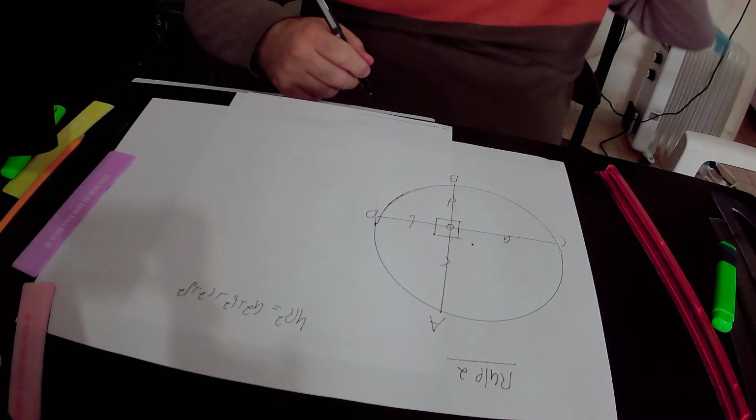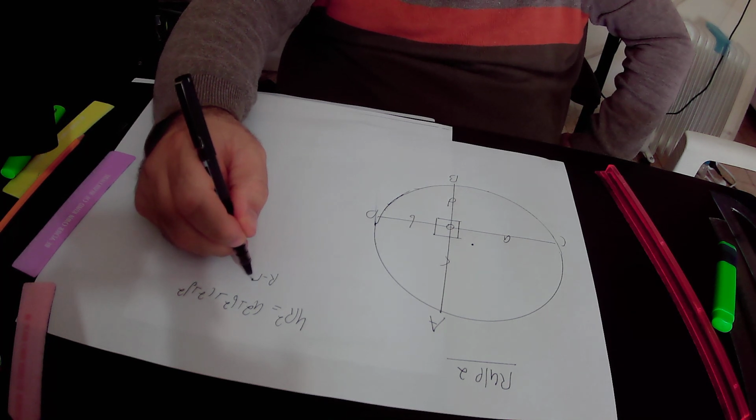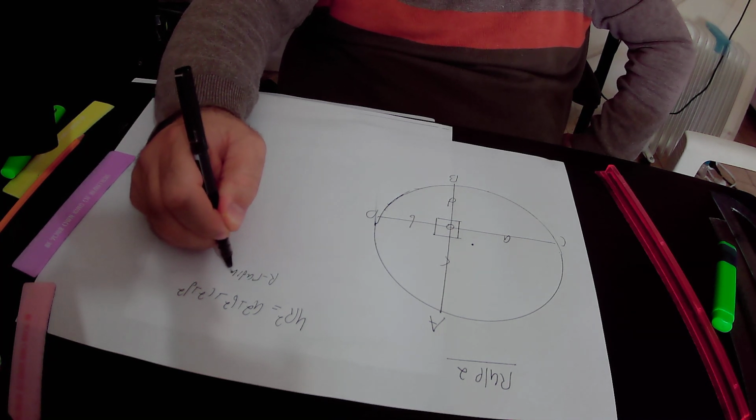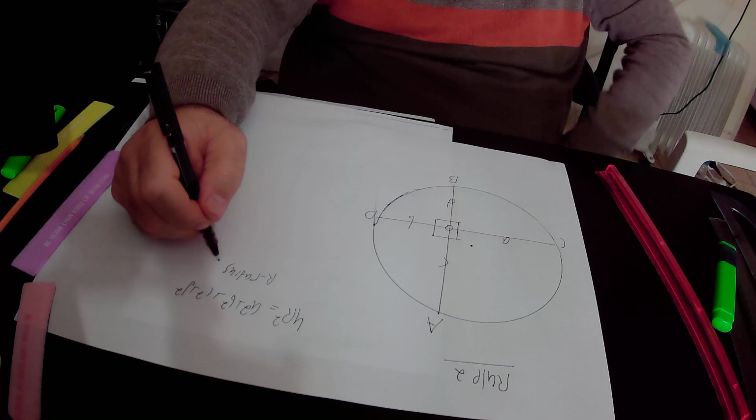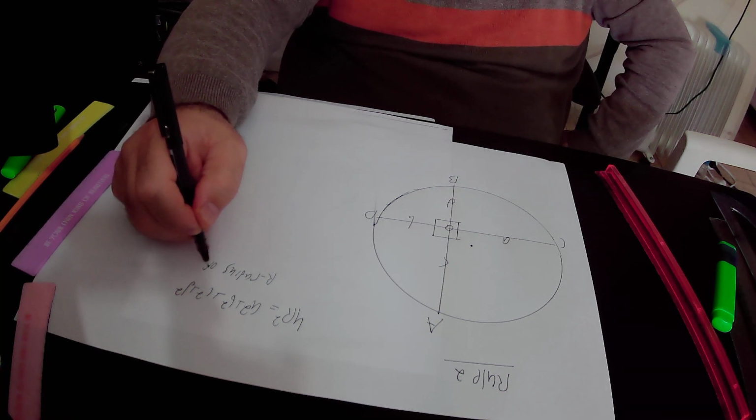R is the radius of the circle that contains the 2 chords.